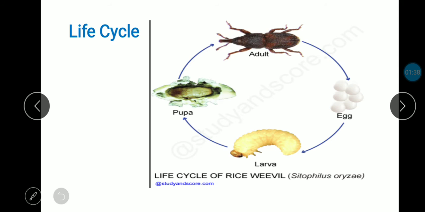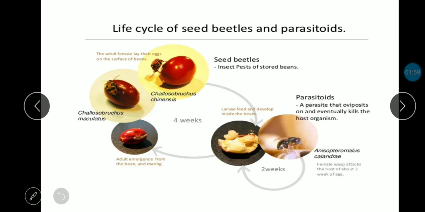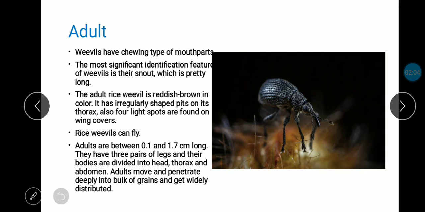The rice weevil or Sitophilus shows a life cycle which consists of four stages: the eggs, larvae, pupae and adult. This Sitophilus oryzae lays the eggs on seeds and pods. The adult insect has chewing type of mouth parts.